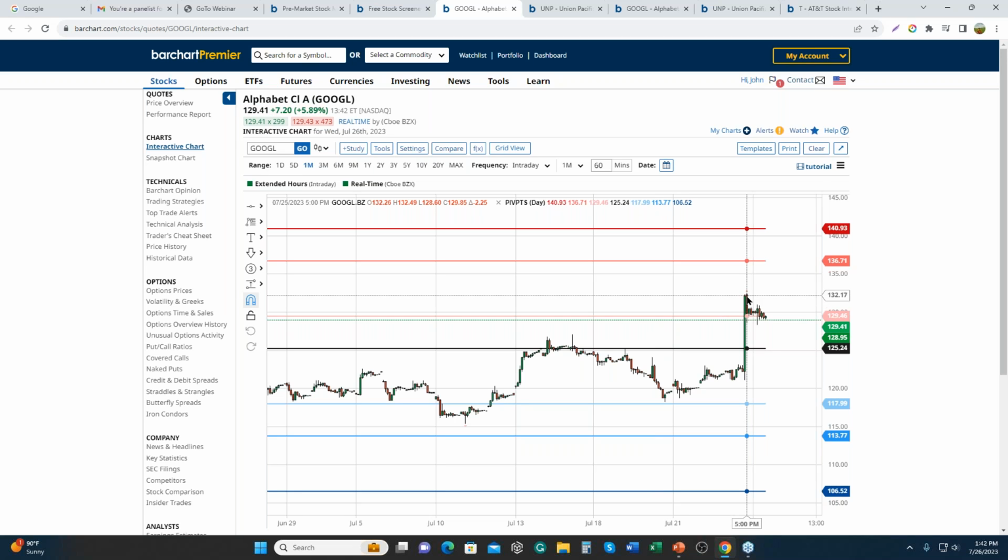So again, we've got to have a little bit more patience. What would the novice have done in this trade? Well, the novice would have just jumped right in and bought Google. And what might happen to them is that over the next few days, what they thought was a great winning trade is now down $6 or $7 or even $8.